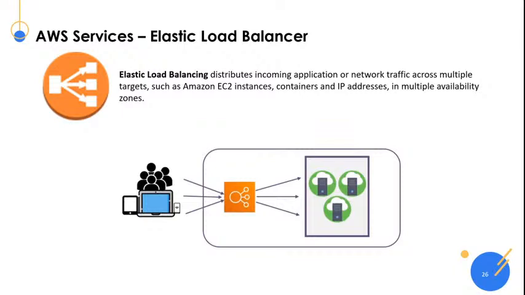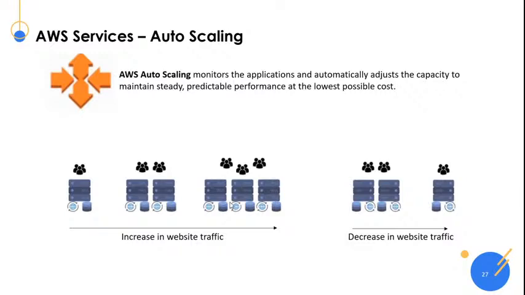Okay, and this part we call auto scaling, right? Which we'll discuss in our next service, that is AWS Auto Scaling. What it does is it automatically scales up the number of servers.